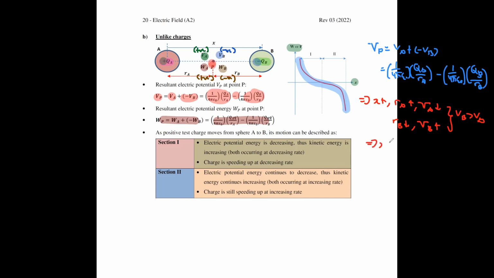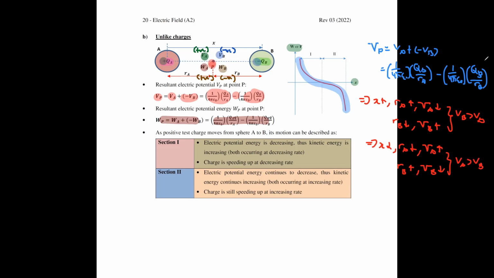But if X decreases, Ra decreases, Va increases, but Rb increases, whereas Vb drops. So that now Va is going to be more than Vb.